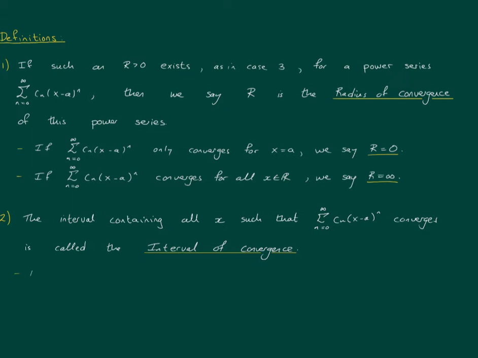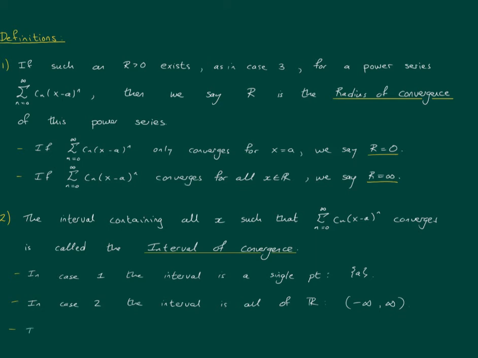In case 1, the interval of convergence is just a single point. It's just a set containing a because you don't converge anywhere else. In case 2, the interval is all of R. So the entire real line, minus infinity to infinity.